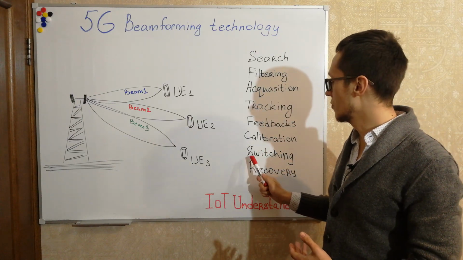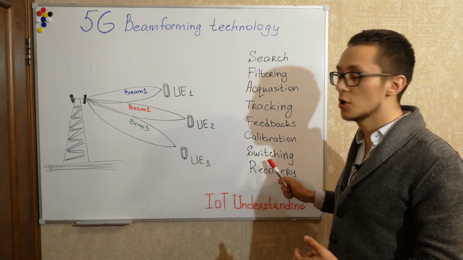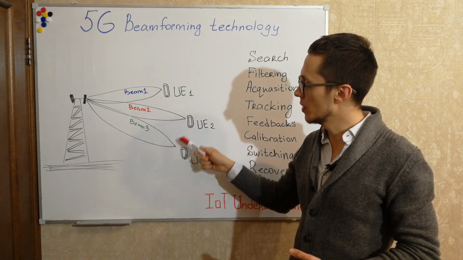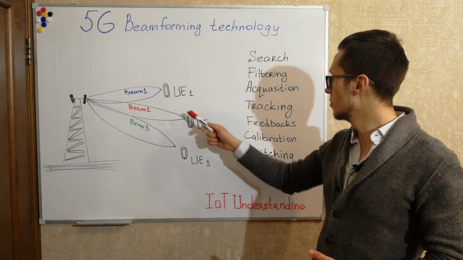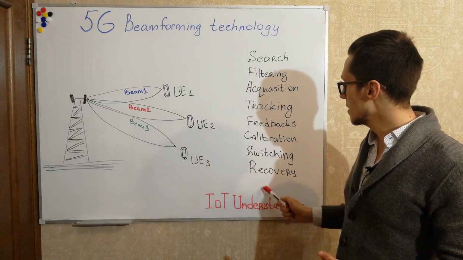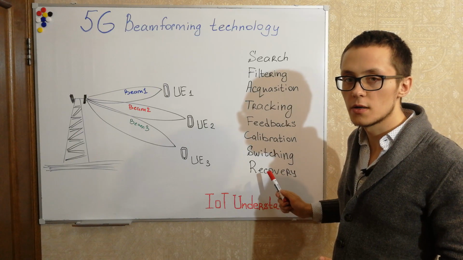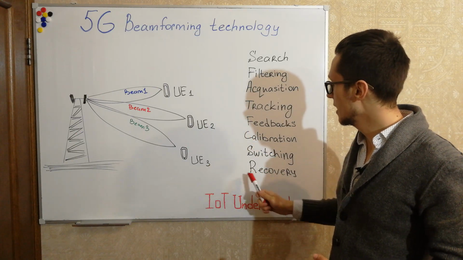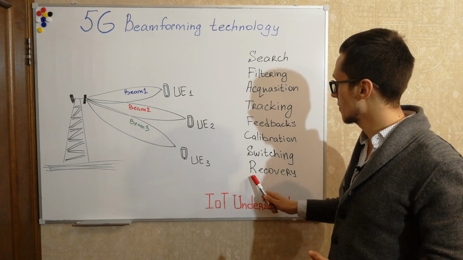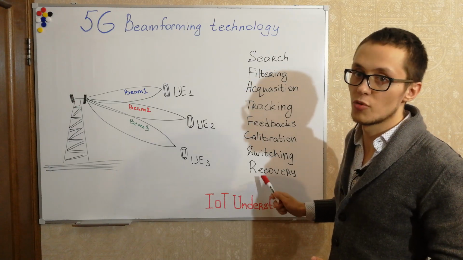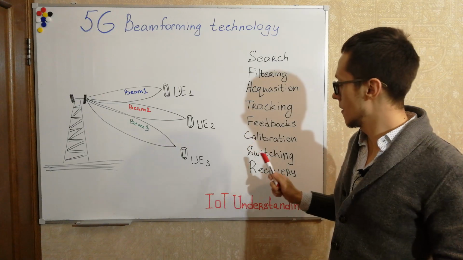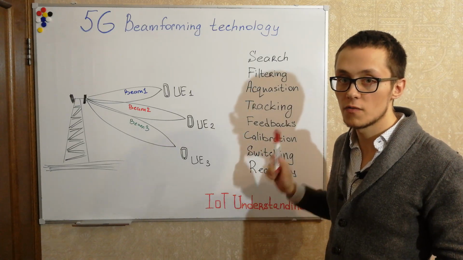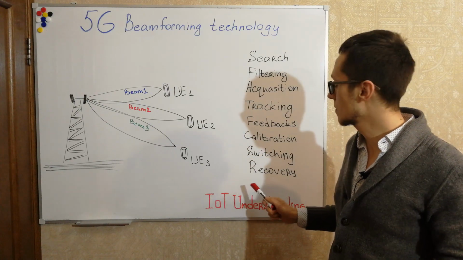If necessary, the UE has to know how to switch to another beam, to make switching between beams. And in case of beam failure, the UE has to perform beam recovery procedure. This procedure is performed via random access procedure.